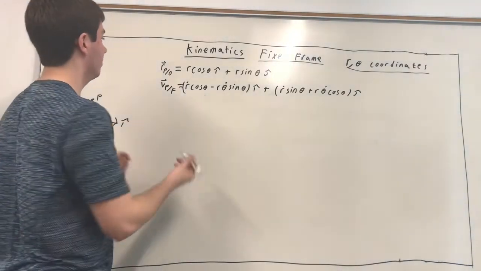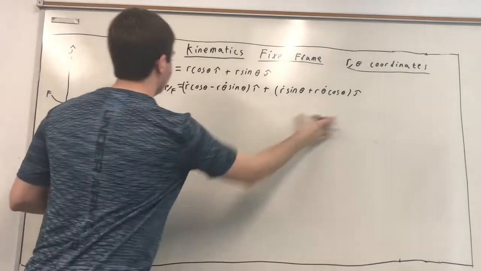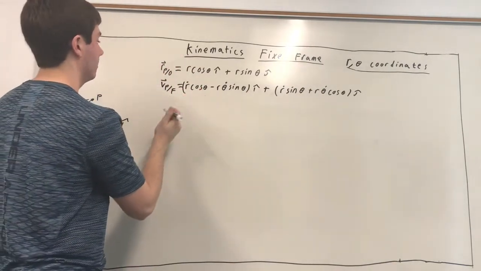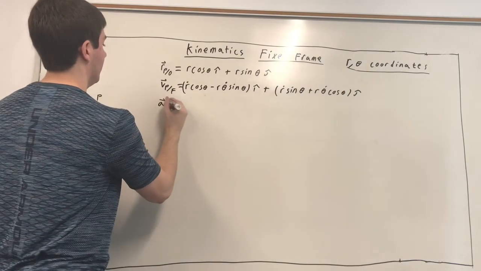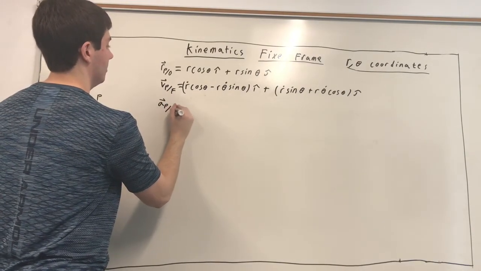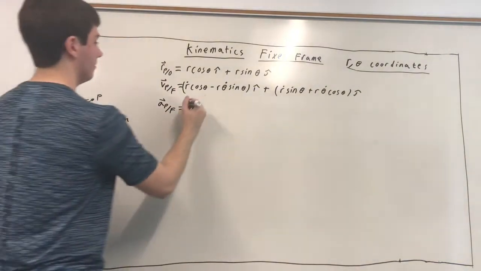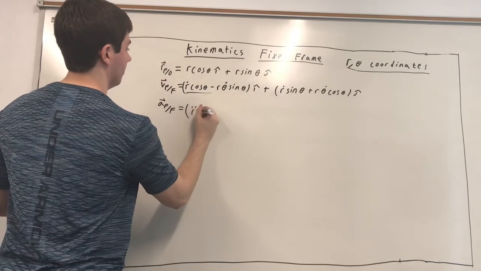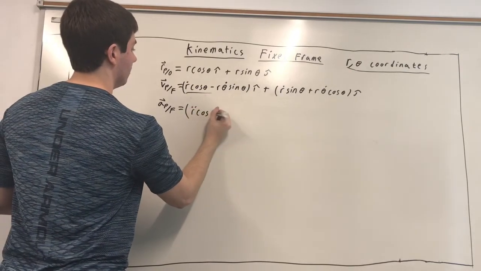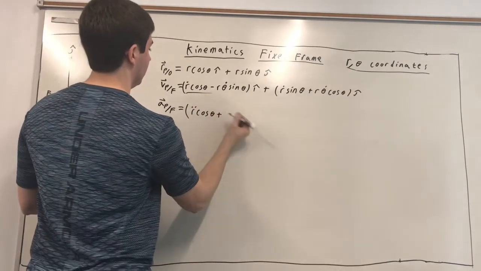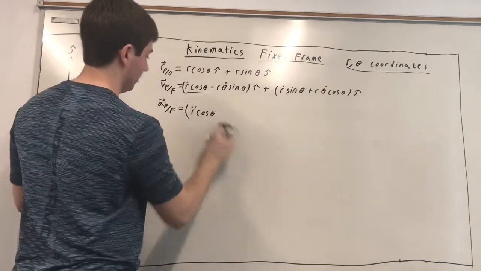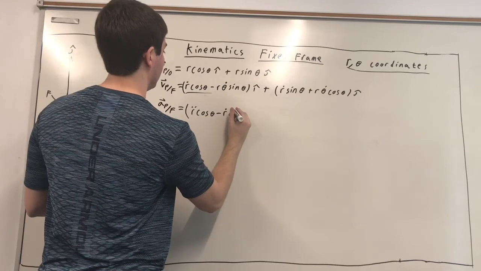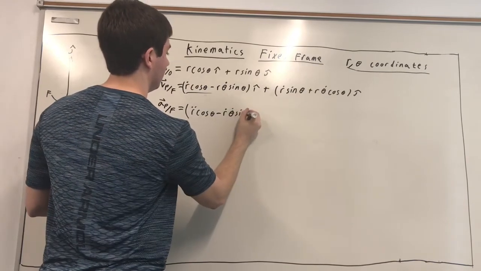So that's the velocity of P with respect to the fixed frame. And then next, we will take the time derivative of this, and you'll get the acceleration of P with respect to the fixed frame in the r and theta coordinates. So acceleration of P with respect to the fixed frame equals, derivative of this is r double dot cosine theta minus r dot theta dot sine theta.